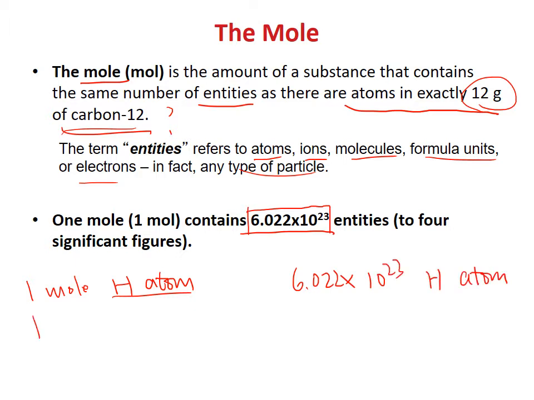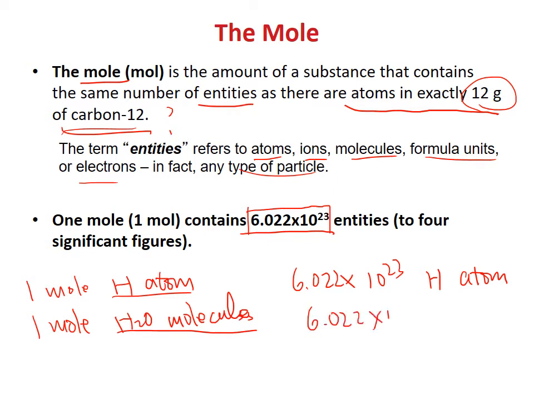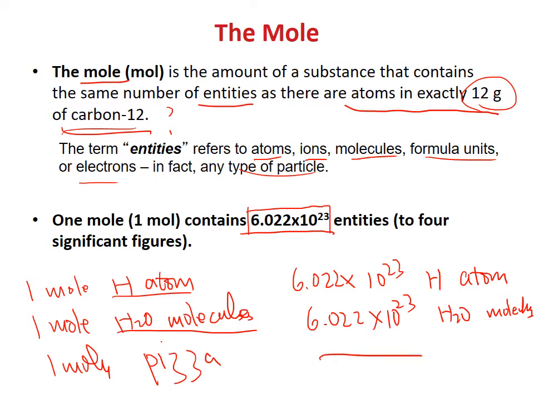We can say 1 mole of water molecule. So in this case, the entity is water molecule. We have 6.022 times 10 to the 23rd power water molecules. We can even say 1 mole of pizza. And that means we have 6.022 times 10 to the 23rd power pizzas.